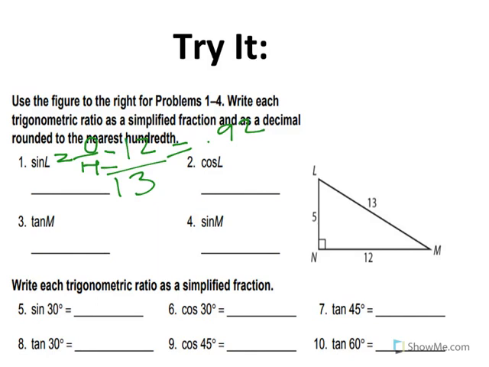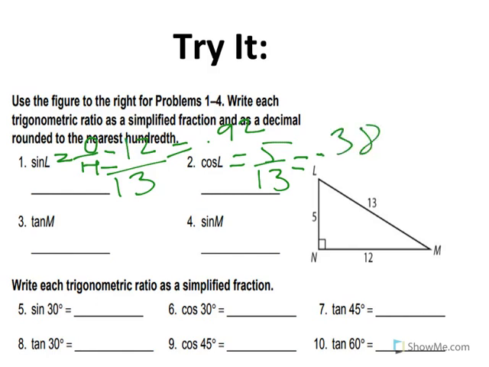And cosine of angle L is adjacent over hypotenuse, so we get 5 over 13. This gives us 0.38.